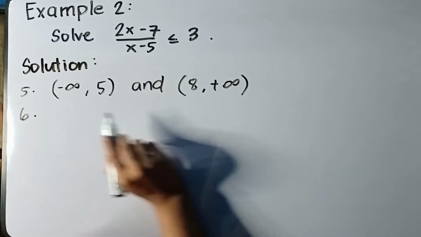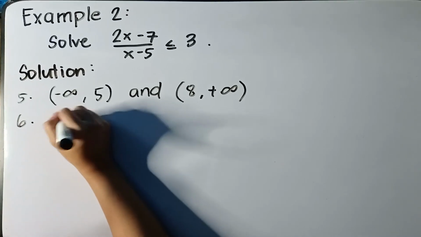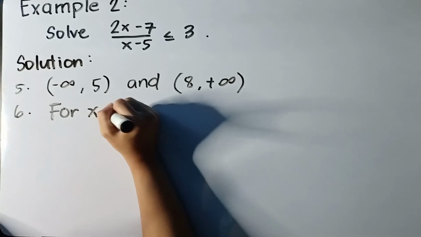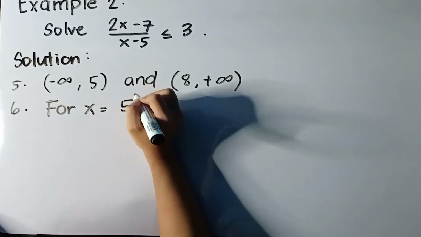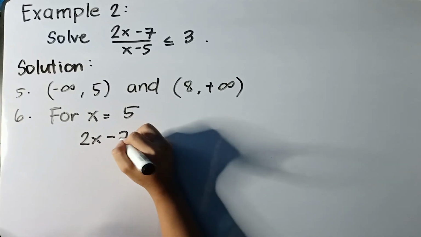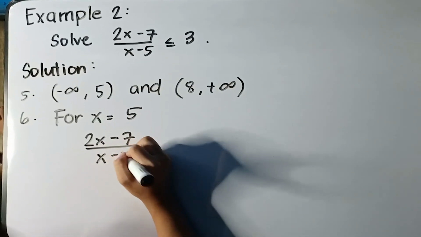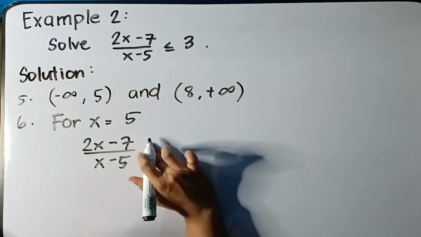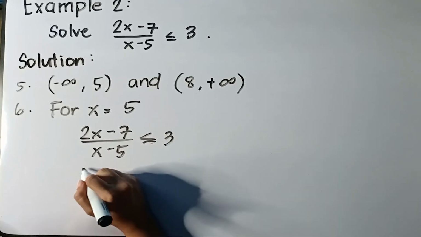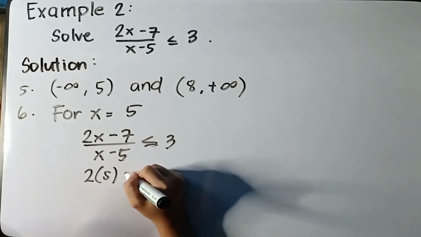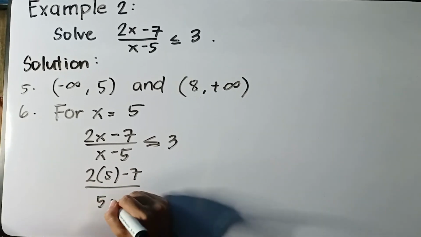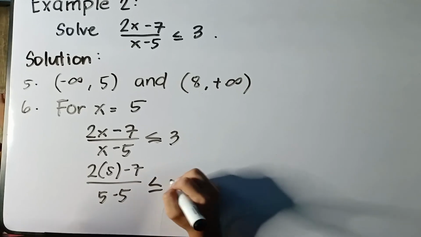First, we have x is equal to 5. Let us substitute this to our rational inequality. So, we have 2 times 5 minus 7 all over 5 minus 5 less than or equal to 3.